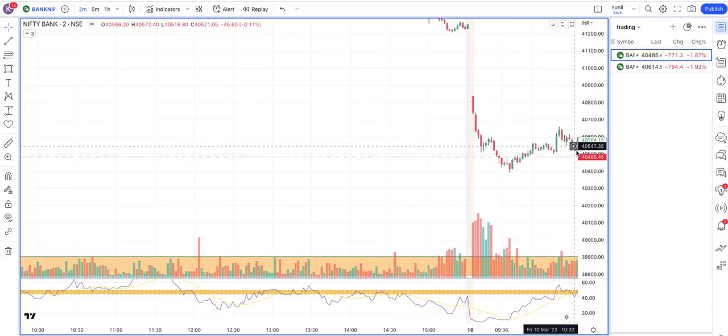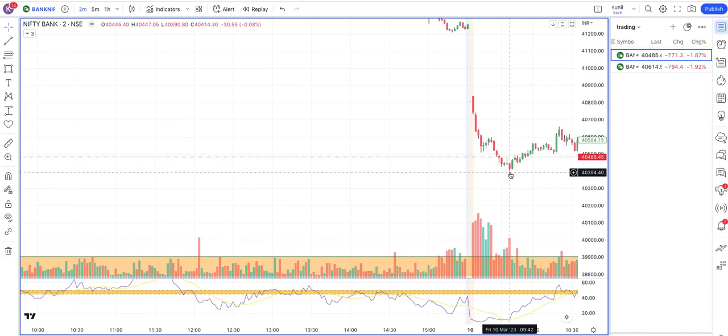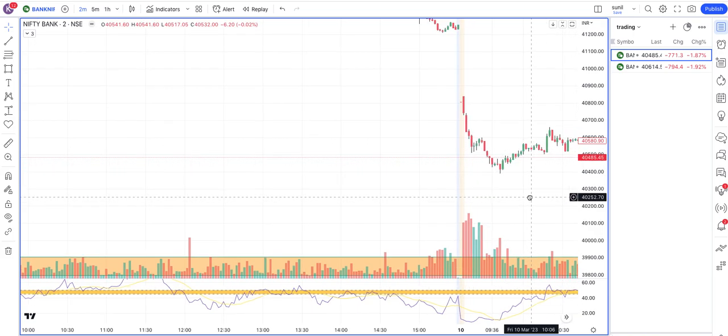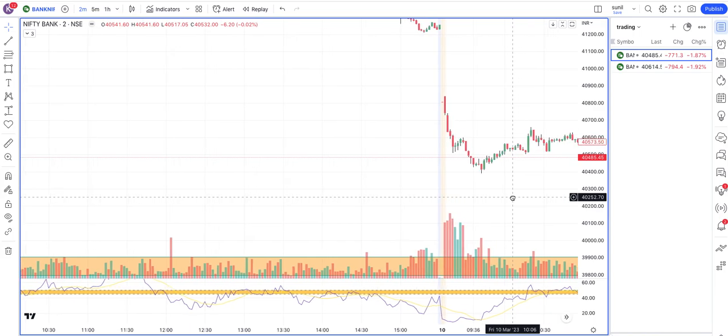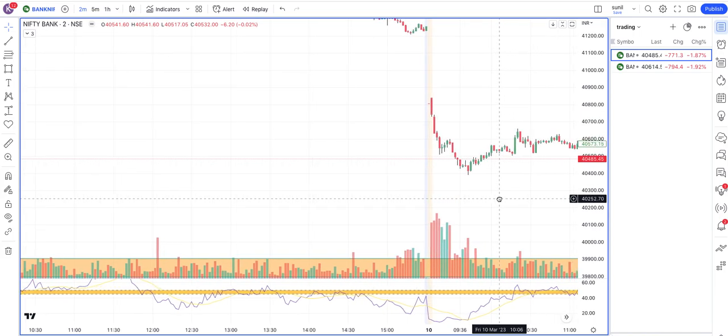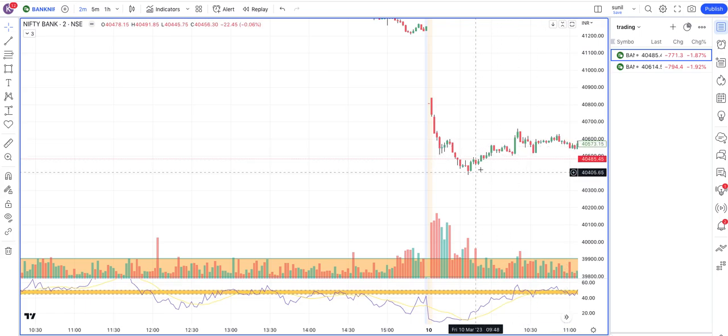This looks like a head and shoulder formation might be forming, right? So I was slowly following, and then I saw another shoulder formed here. I was tracking this, and then I got a good view that this is a head and shoulder formation. Now let me take a trade and see how we can approach this.